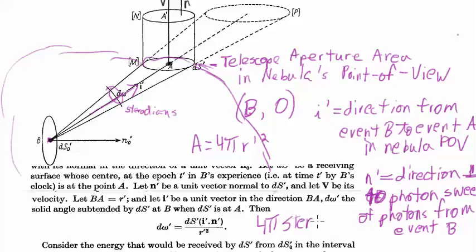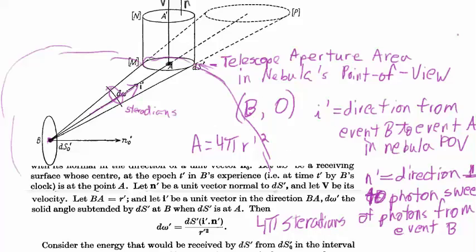So 4 pi steradians would be the entire sphere, and d omega prime here is somewhere less than 4 pi steradians.